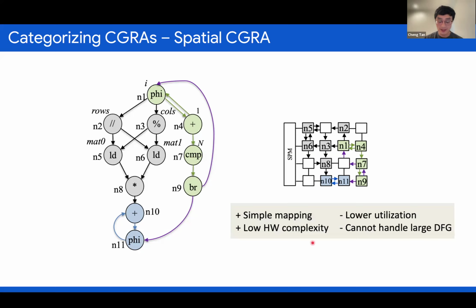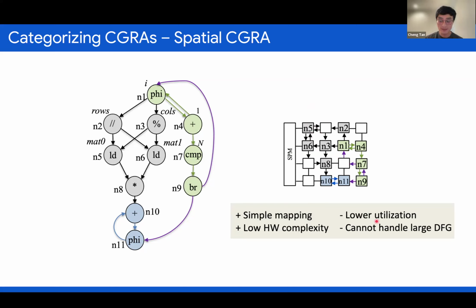So this is the spatial CGRA, and it's kind of a superset of all the things I mentioned before. It has some advantages, like simple mapping. Mapping this DFG onto this CGRA is kind of like a shortest path finding problem, right? And this CGRA has less hardware complexity. Each tile only needs to do one operation during the entire lifetime of the application.